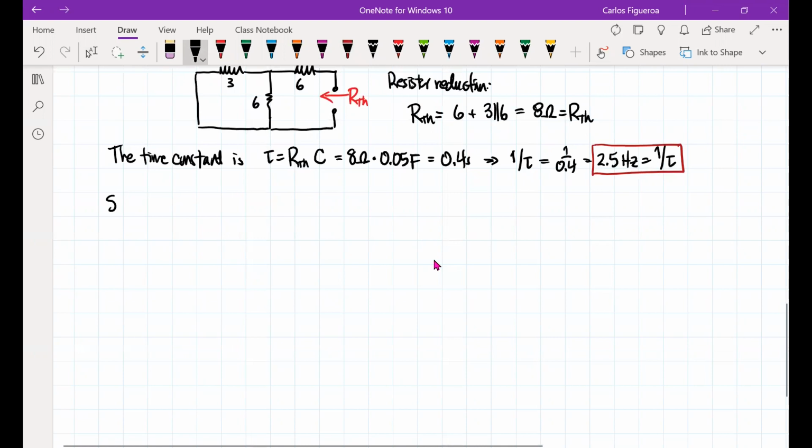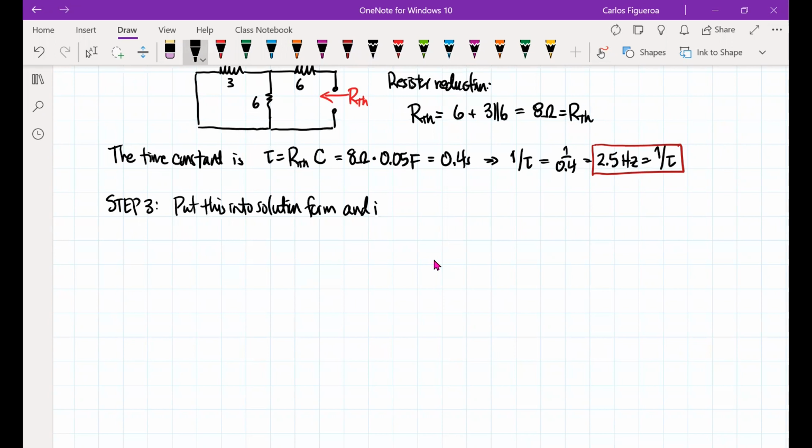This is step 3. Now I'm going to put this into solution form and interpret.